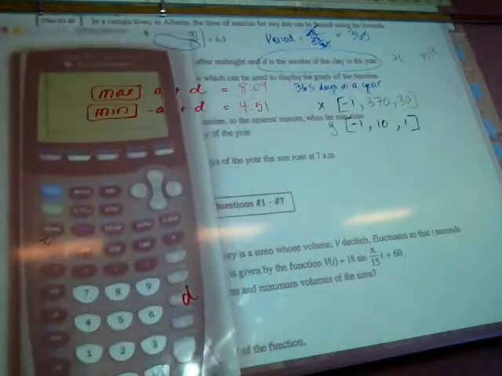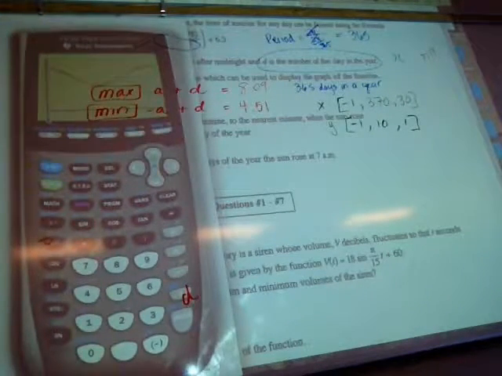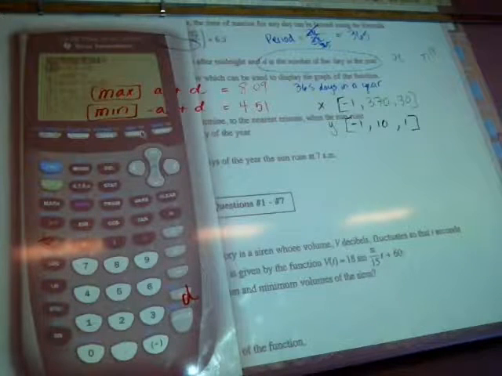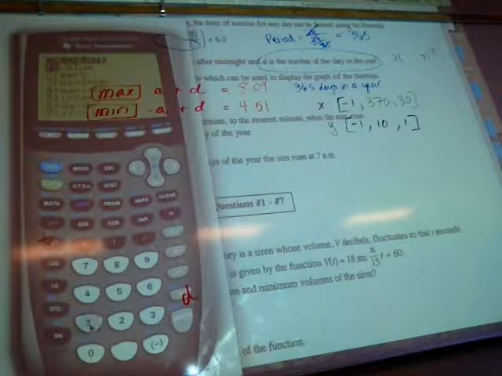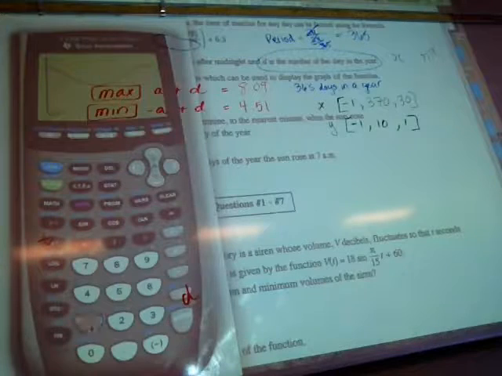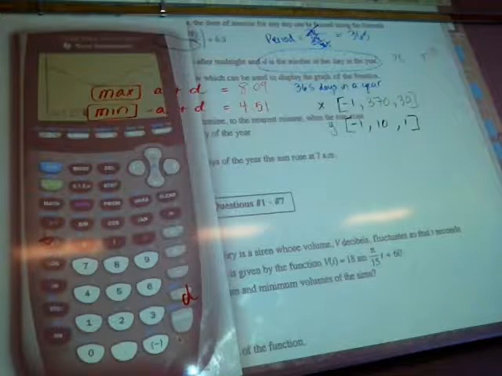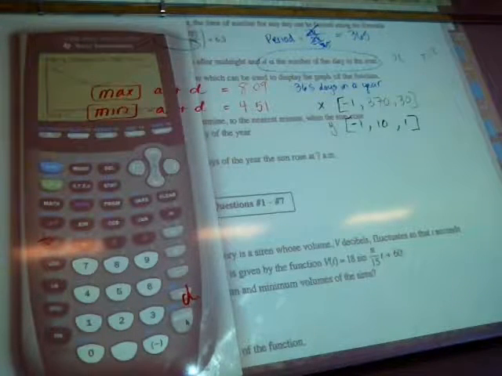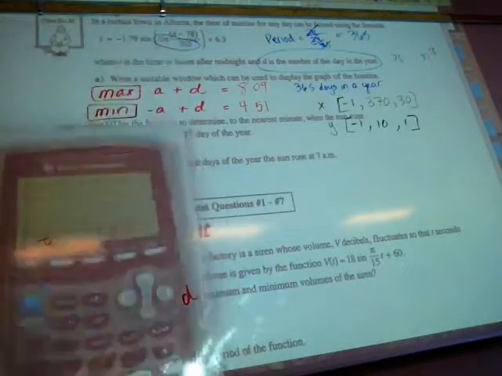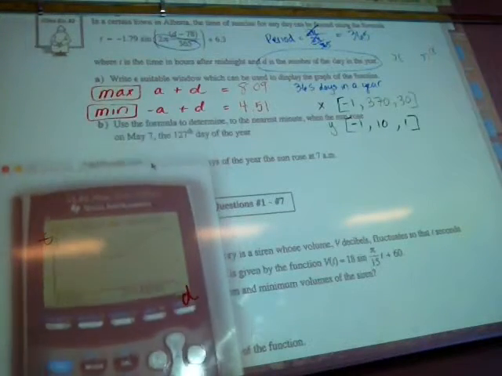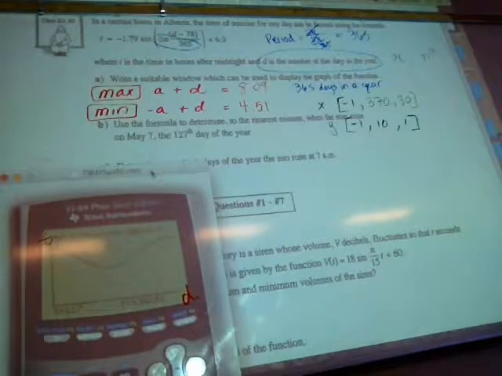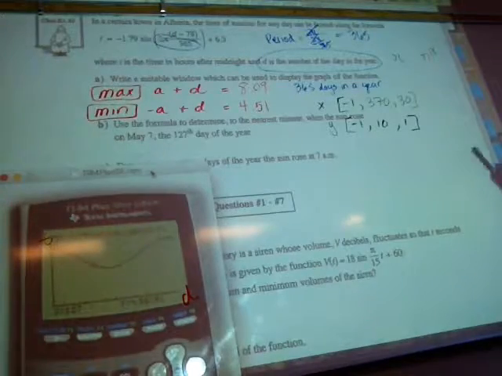Sorry, I'm just going to move this up for a second. You can go second trace, number 1 for value. And when X is 127, what hour are we on? We need to do a little conversion to figure out the exact time.